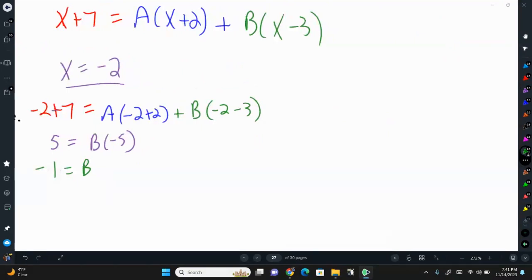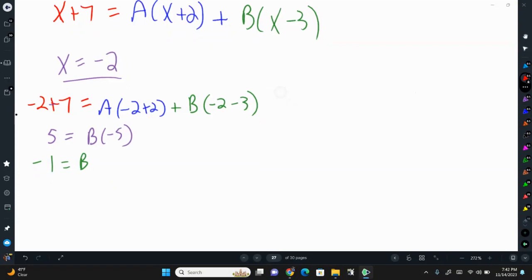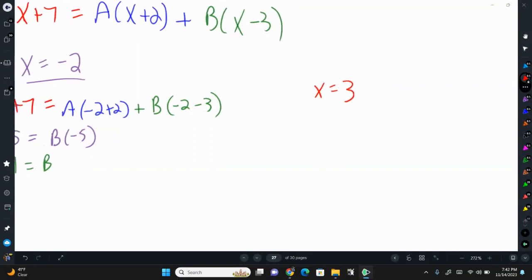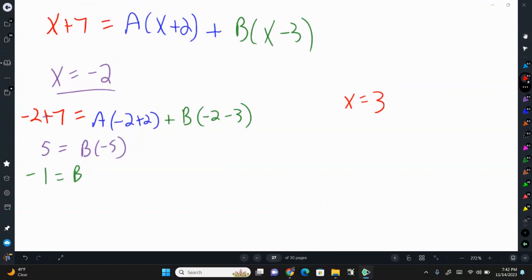Now we're going to do the same thing to solve for a. And to solve for a, we'll make x equal positive 3, because if we make x equal positive 3, then the b times x minus 3 factor will equal 0. So we have 3 plus 7 equals a times 3 plus 2 plus b times 3 minus 3.